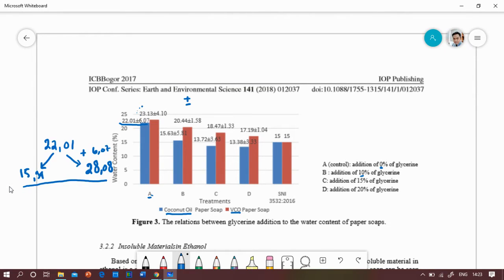I'm just going to tell you this, that the meaning of this 22.01 plus minus 6.07 means that the value of water content is ranging from 28.08 down to 15.94. Okay, so that's why later on there is this error bar.